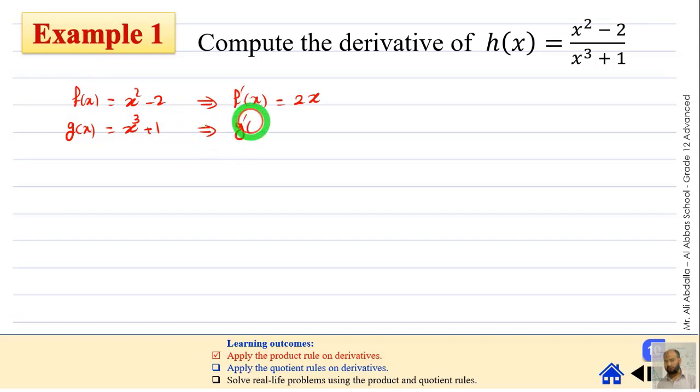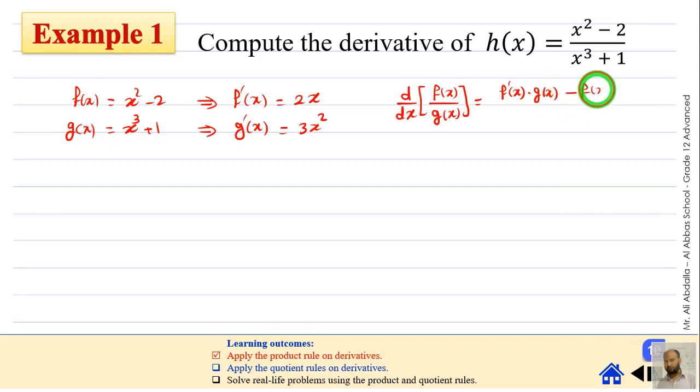Then g'(x) equals 3x to the power 2. You can use our rule, the quotient rule, which says d/dx of f(x) over g(x) equals f'(x) times g(x) minus f(x) times g'(x) over g(x) to the power 2.